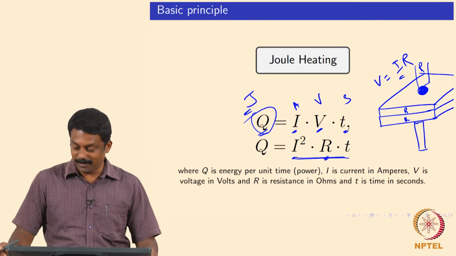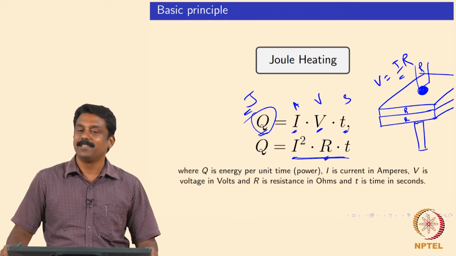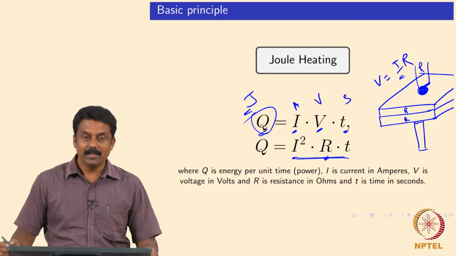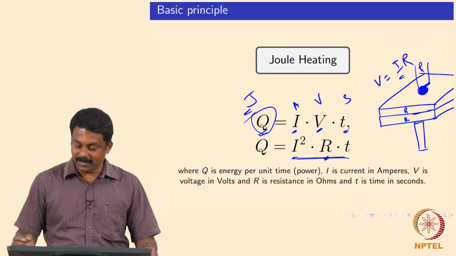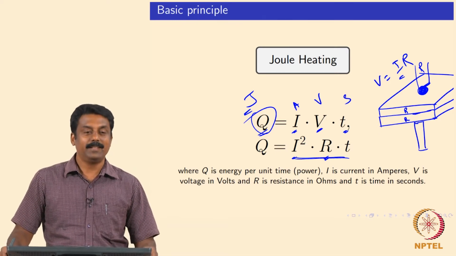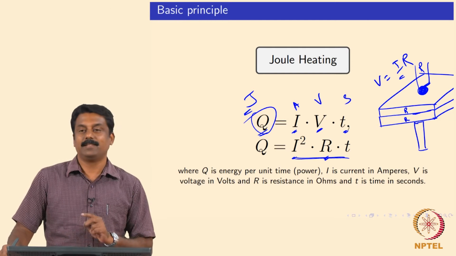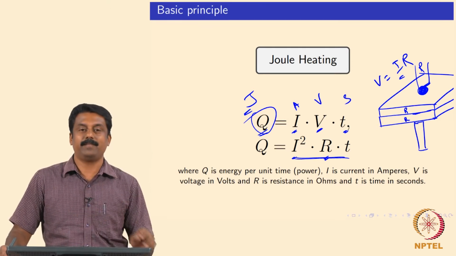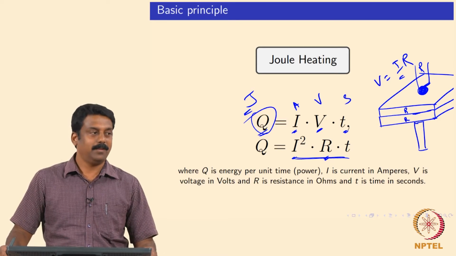Contact resistance, good answer. So, where is the contact resistance here? Between the electrode and plate, between the plates, exactly. In this case, the main resistance that dictates heat generation is the contact resistance between the plates.